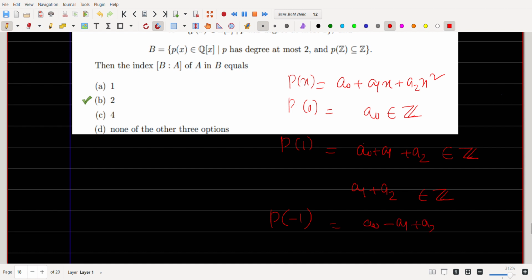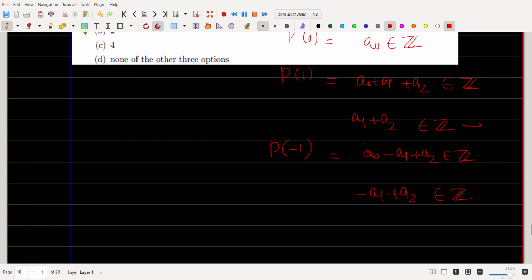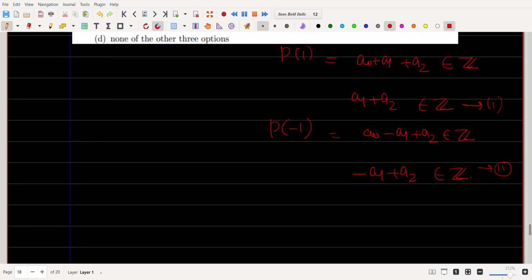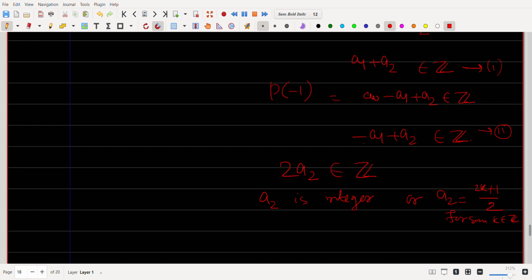What of p(-1)? p(-1) is a0 - a1 + a2, which belongs to Z. By the same reasoning, a1 - a2 belongs to Z. Now from 1 and 2, if you sum them, 2a2 also belongs to Z. That means a2 is an integer or a2 = (2k+1)/2 for some k in Z. Since 2a2 belongs to Z, either a2 is an integer or a2 = (2k+1)/2.